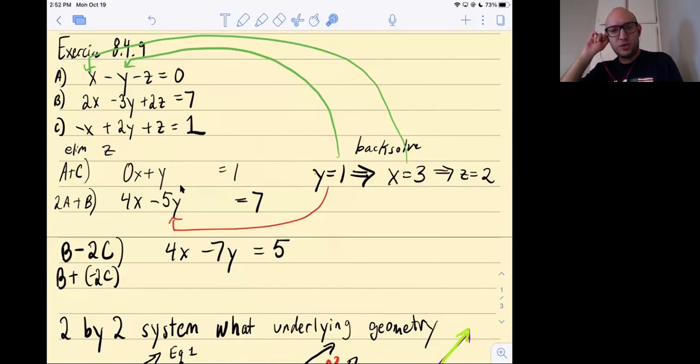So let me show you. There's an app on Mac called Grapher. And let me just pull it up here. Let me stop my share.